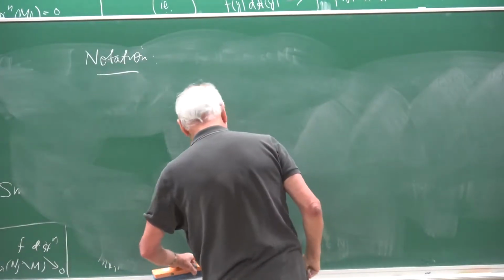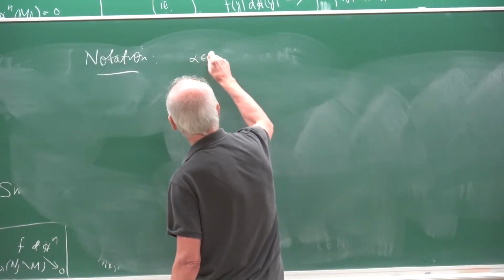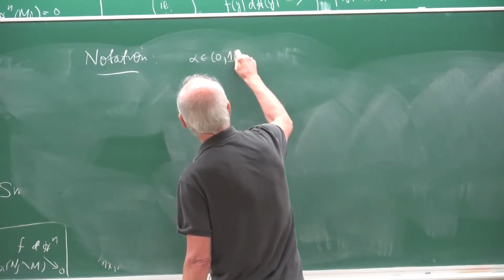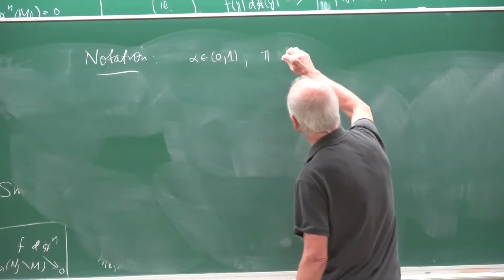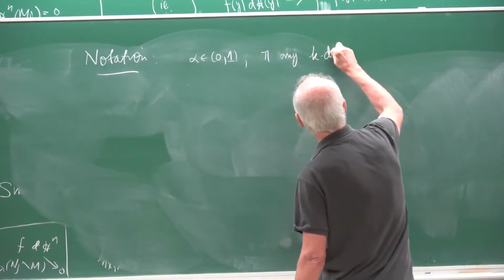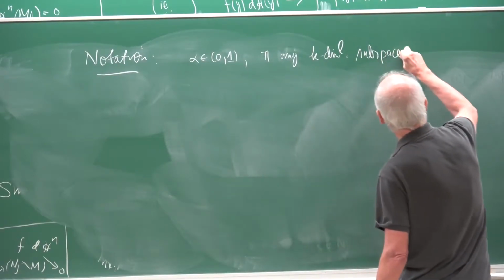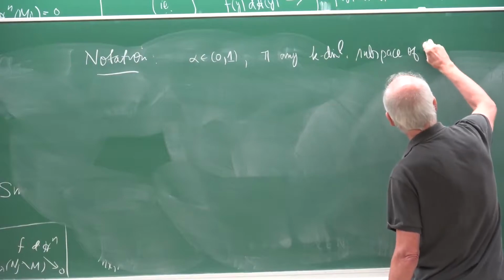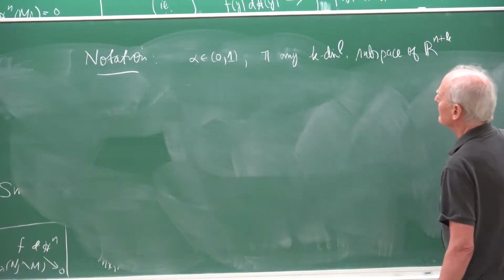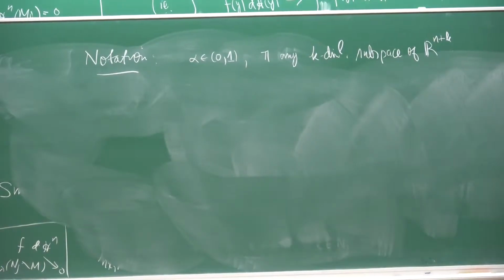Notation: suppose that alpha is between 0 and 1, and pi is any k-dimensional subspace of Rn plus k. So that means the orthogonal complement then is an n-dimensional subspace of Rn plus k, right?